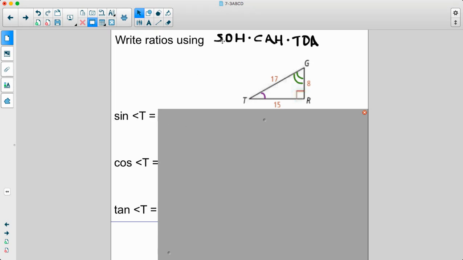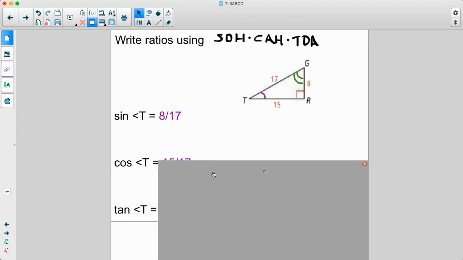So the sine is opposite leg over hypotenuse, so from angle T's perspective it's opposite 8 over hypotenuse 17. The cosine is adjacent leg over hypotenuse, so from angle T it's adjacent 15 over hypotenuse 17. And the tangent, TOA, is opposite leg over adjacent leg, so from angle T's perspective it's opposite 8 over adjacent 15.